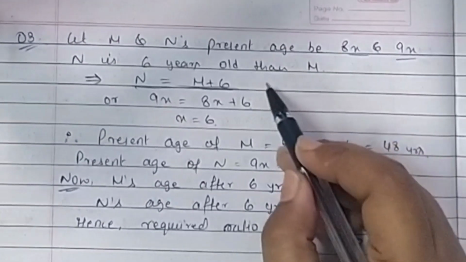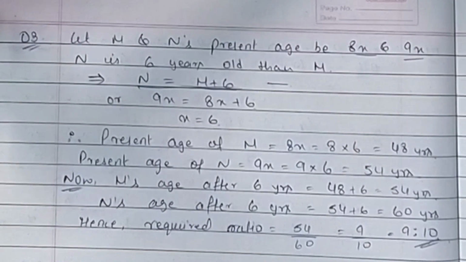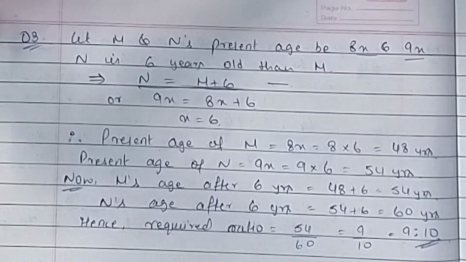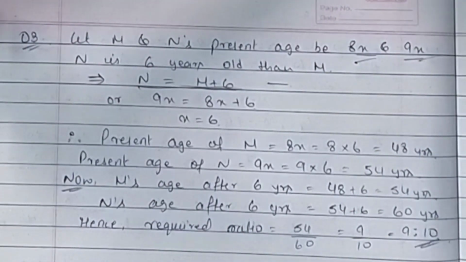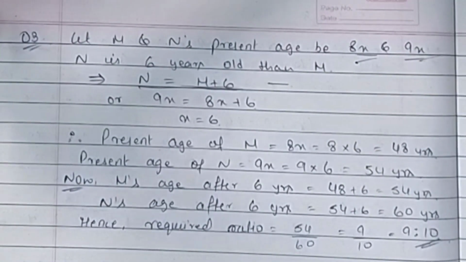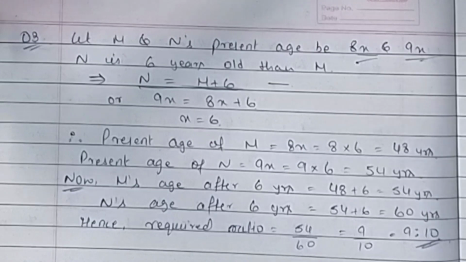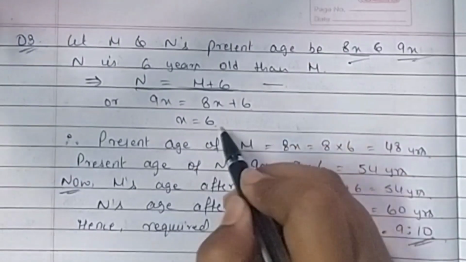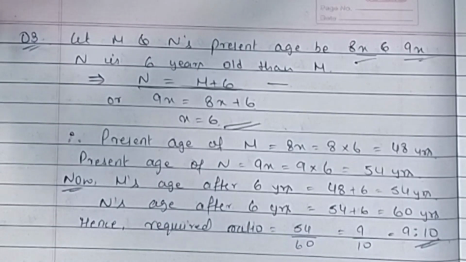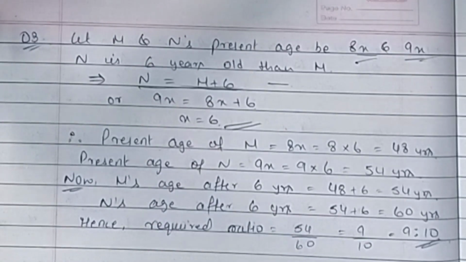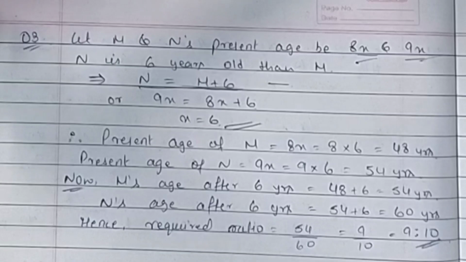So after doing this, we put the values of m and n we assumed earlier, which are 8x and 9x. After putting the values, we got 9x equals 8x plus 6, and hence x equals 6. Now as we have found the value of x, we can easily find the present ages of m and n.